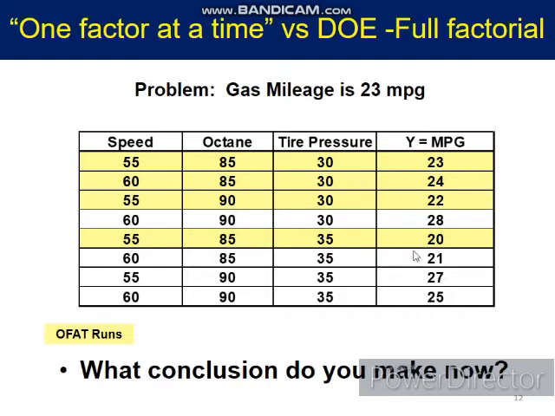So this gives you some idea of the difference between one factor at a time versus this full factorial design of experiment in terms of the information that you gathered from the experiment. So again, if you have more than one factor to evaluate, don't use one factor at a time methods. Use design of experiment, either full factorial, RSM, or even fractional factorial methods.